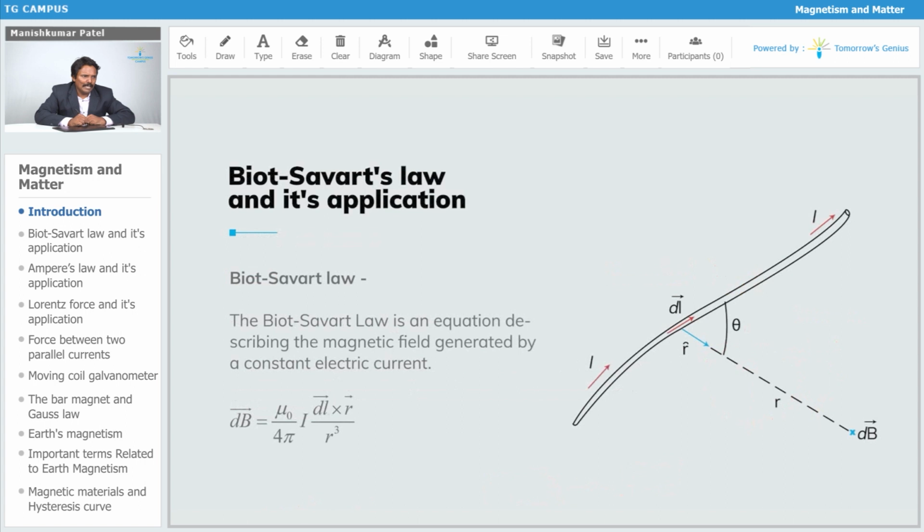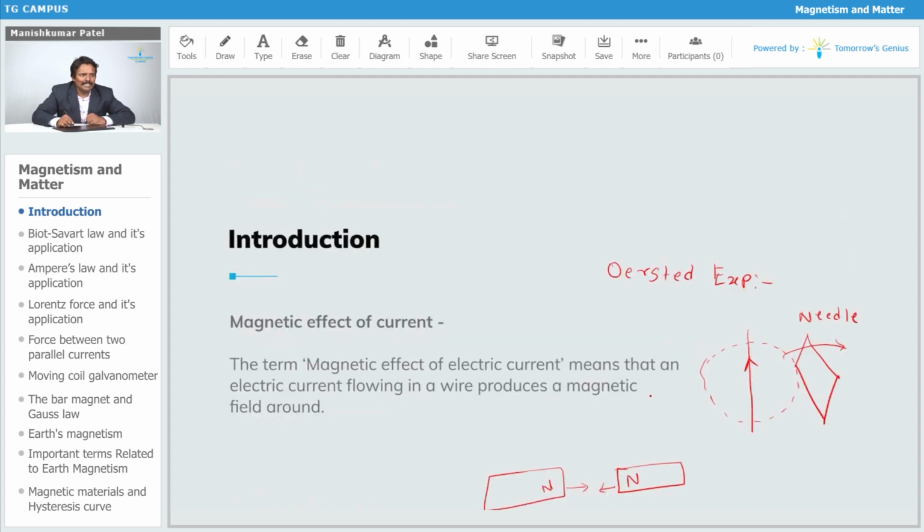Magnetic effect of current means the current is responsible. Again, what do we mean by current? Current is nothing but charges in motion, the electrons which are in motion.